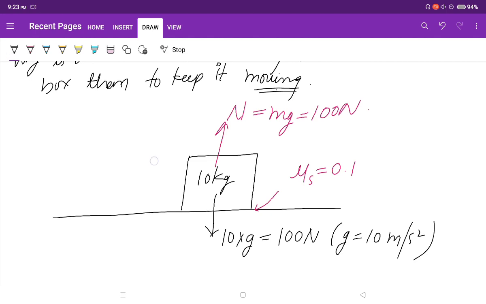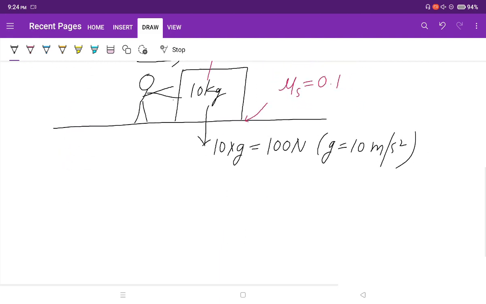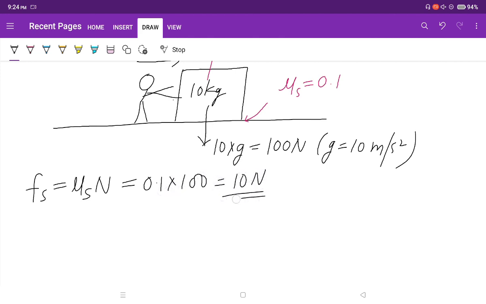Now if I have a person standing here and pushing the block with some force F, what is the friction here? What is the Fs here? Fs is mu s times N, which is 0.1 times 100, which equals 10 newtons.